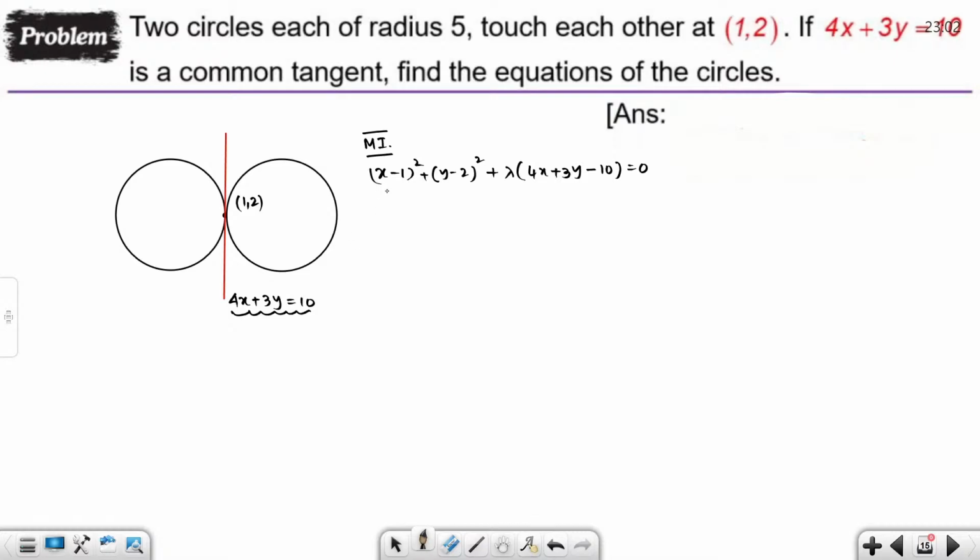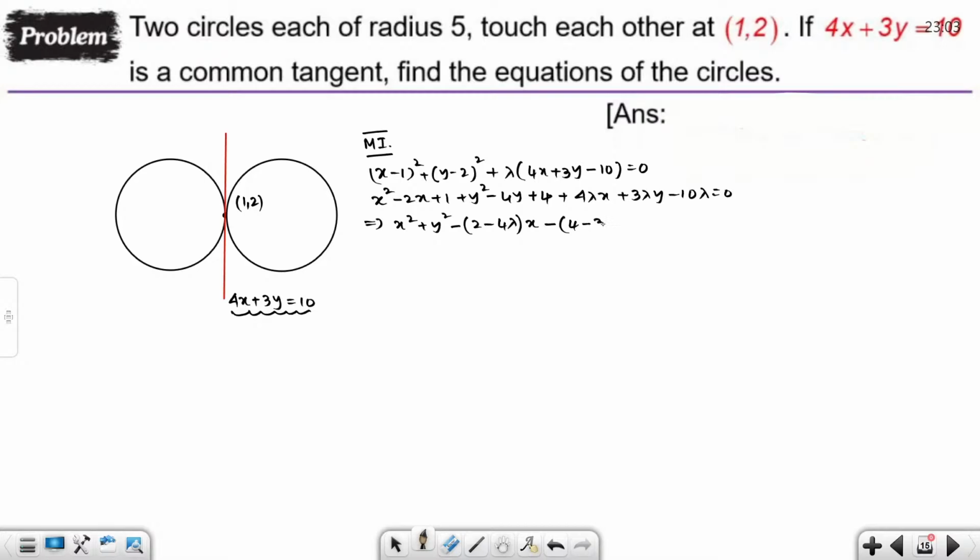Now let me write this equation in the general form. We are getting this, which is actually minus again.